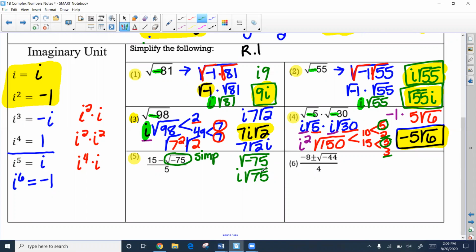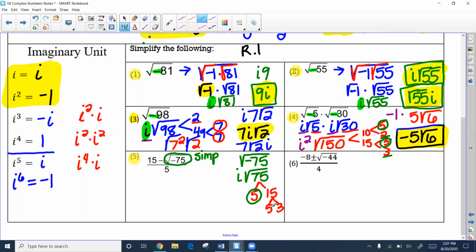Now I need to simplify the square root of 75. That's where we use the factor tree. On the previous two problems, I made my factor tree going sideways. Here, I'm making it going down. It doesn't matter how you do it. So some factors of 75, obviously 5 goes into it. So 5 goes into 75, 15. 5 is prime, but 15 can be written as 5 times 3.